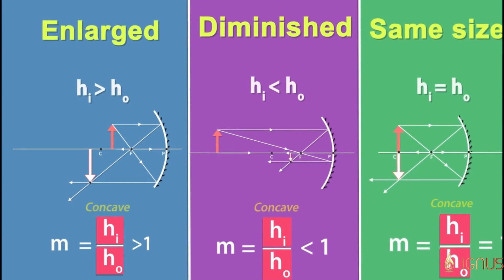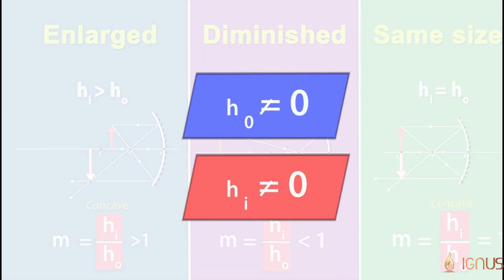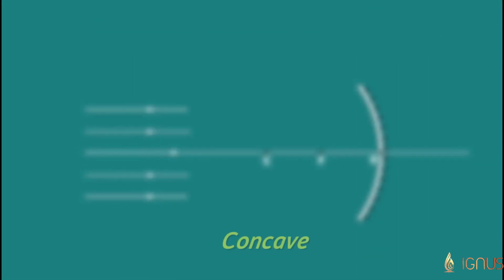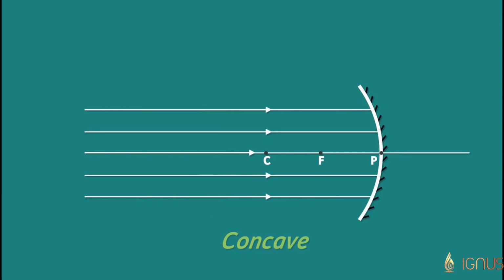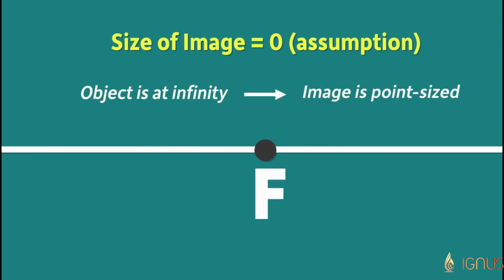If you notice, in all the three cases, we are assuming something. That is, both h0 and hi are non-zero. But can they be 0? We know that when the object is at infinity, the image is point-sized. The image is formed at the focal point, so here we take the size of the image as 0. However, theoretically we say that when the object is at infinity, the image is point-sized.